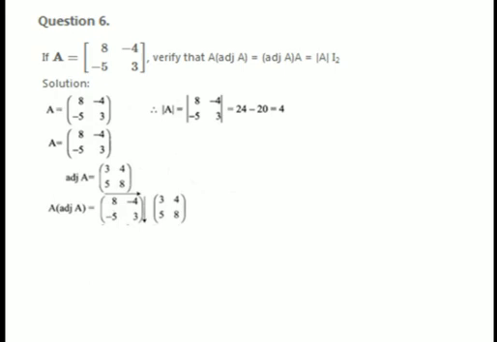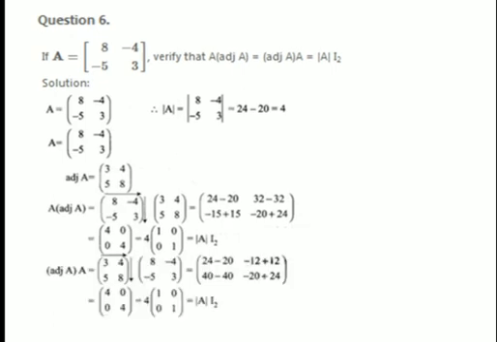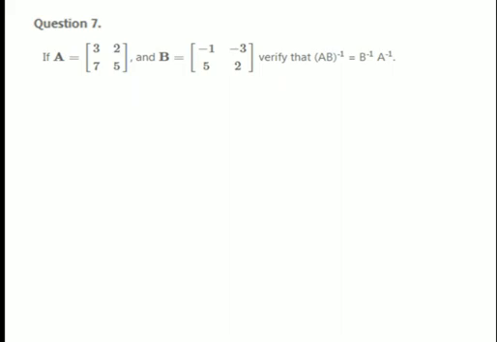After that you change the signs, minus into 4, minus into 5. After that you multiply A and adjoint of A, you get the answer 4, you take outside, 1 0 0 1, modulus of A, you get the answer modulus of A I square.